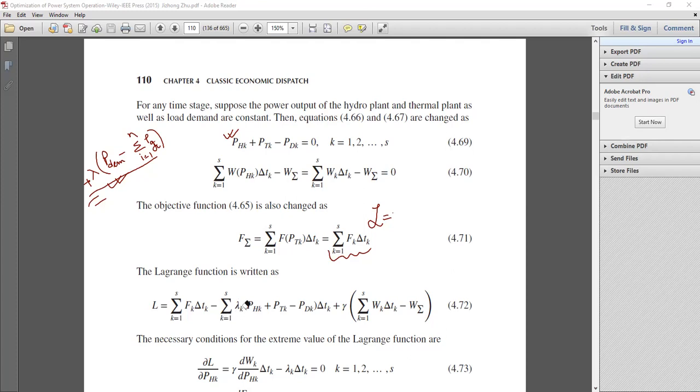So from each time instance to another, from 1 hour to the next, your lambda might vary, because now you are formulating your Lagrangian for each time instance. So it is lambda k, not simply lambda. And finally you have the del tk.